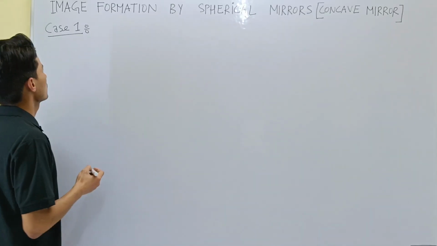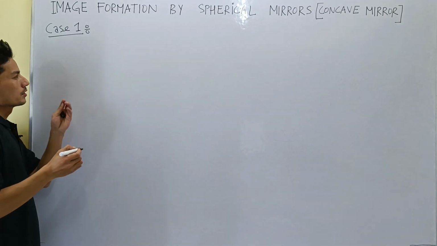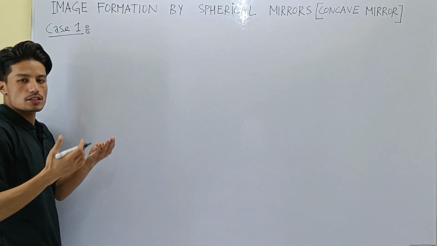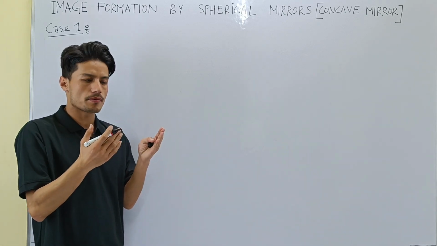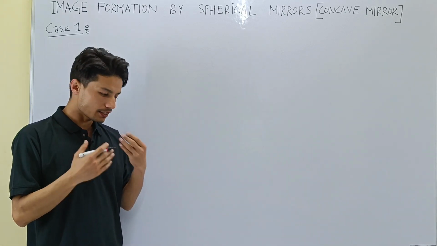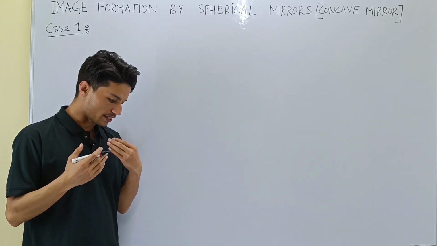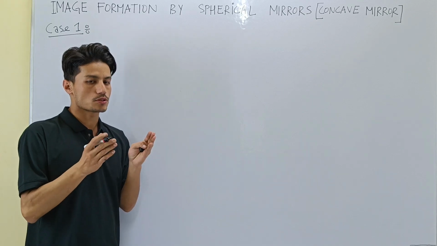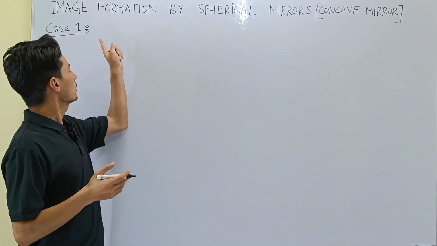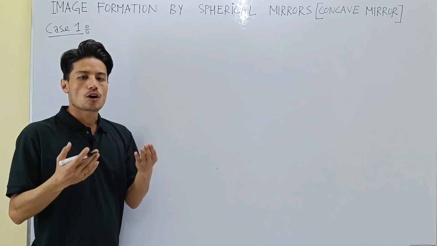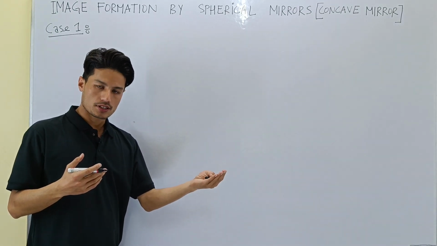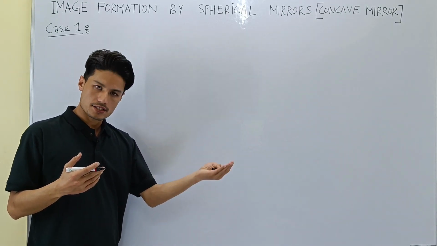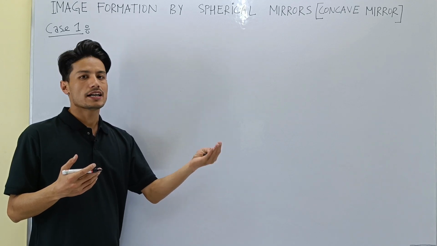So case 1. The first thing that we will do is ask, where is the object? We always have to address that. Light gets reflected from the object, so the object is always there. The first thing while discussing any case is the object position, then we'll discuss the image position, then the size, and finally the nature.